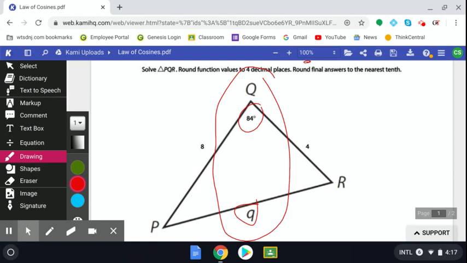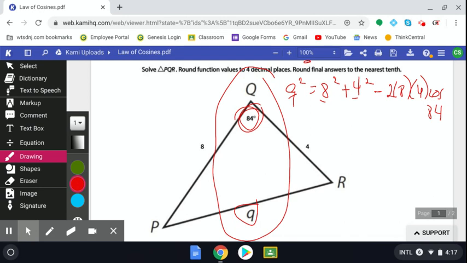So I am going to say that q squared, that would be my c squared, is going to be equal to the sum of the other two sides squared, so 8 squared plus 4 squared, minus 2 times these two numbers, so 8 and 4, and cosine of this angle over here, which is 84.